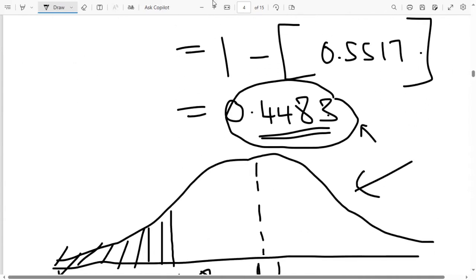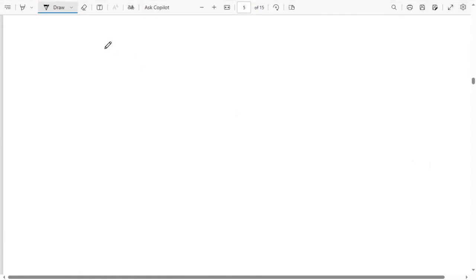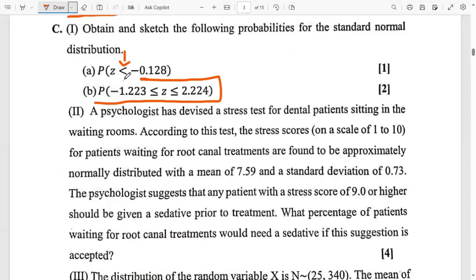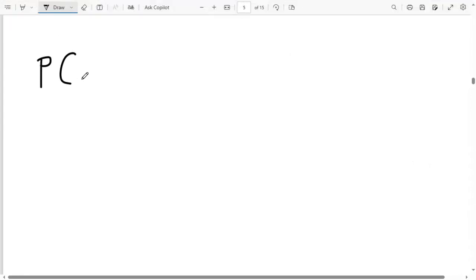Okay, and then from here, we can look at the other one. So the other one here is this. Let me check here. This one here. So we want to find the probability of this, and then we also sketch it. Okay, so let's do that. So the probability of minus, is it 2 or 1?